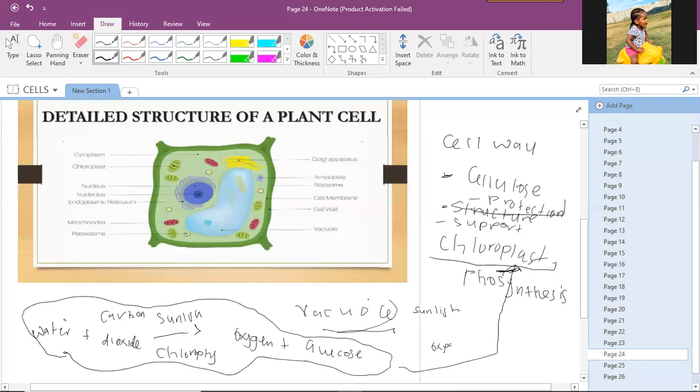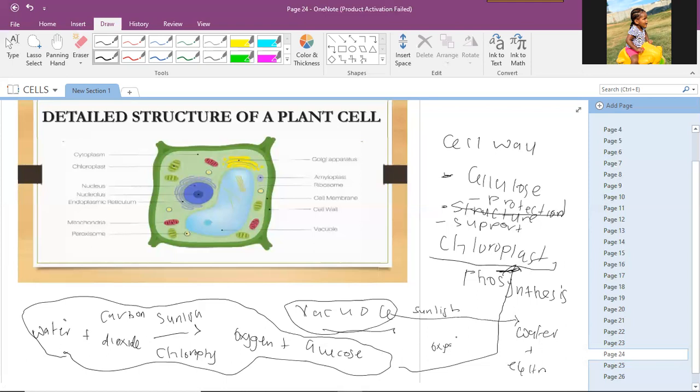Then the vacuole is for water and electrolyte balance in the cell. Because plants need water to carry out photosynthesis, sometimes plants can take up too much water and become turgid. Sometimes there can be drought and plants might start losing water.